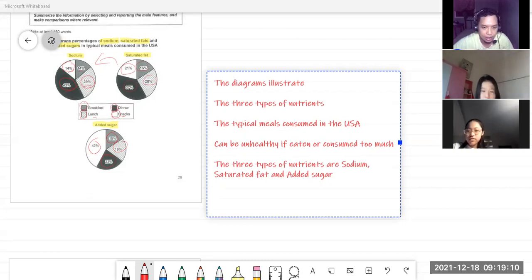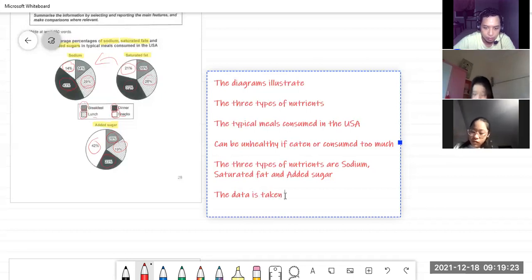So the data is taken where? The data is taken in the USA. Okay, very good.